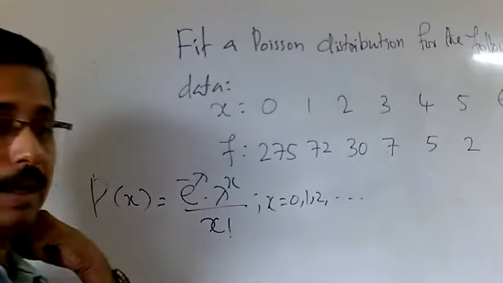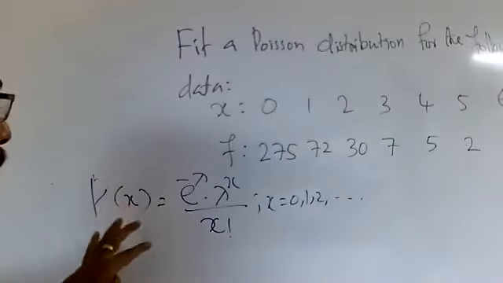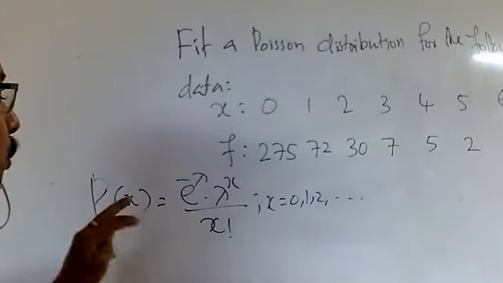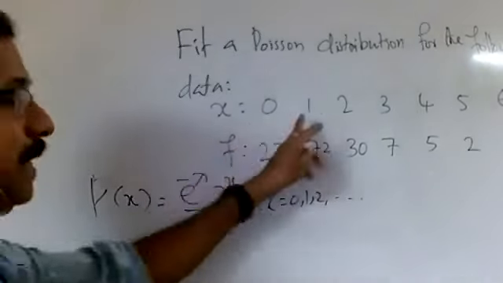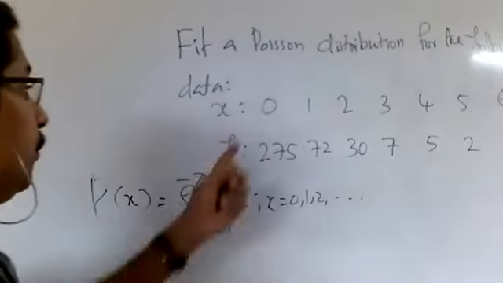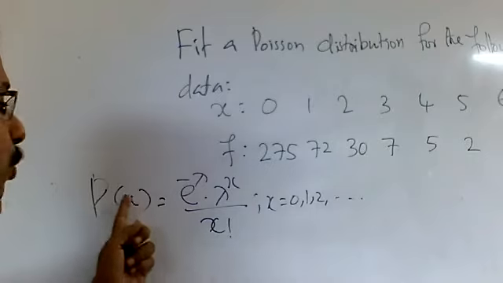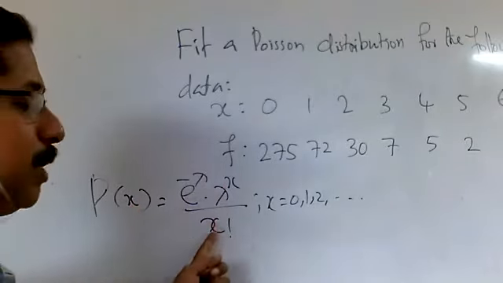Using this Poisson PMF model, you have to find the probability for each value of x. If you put x equal to 0, you get e raised to minus lambda, lambda raised to 0, by 0 factorial.